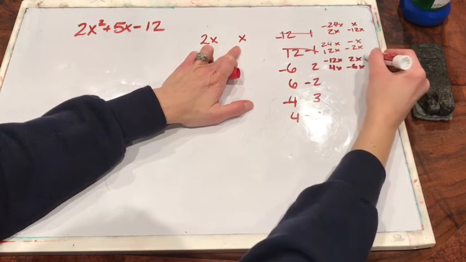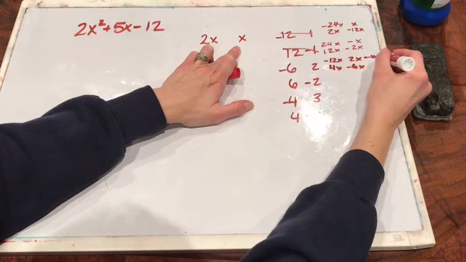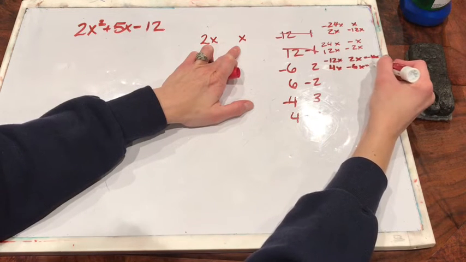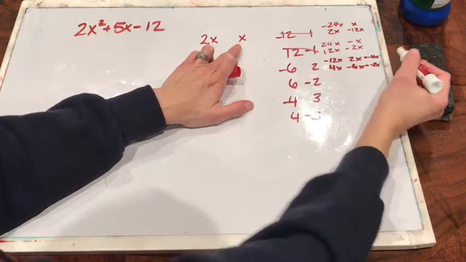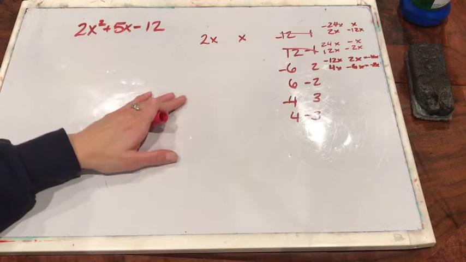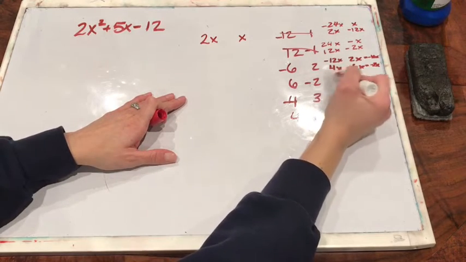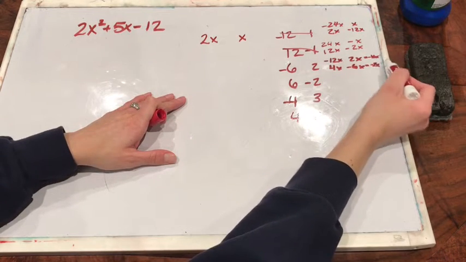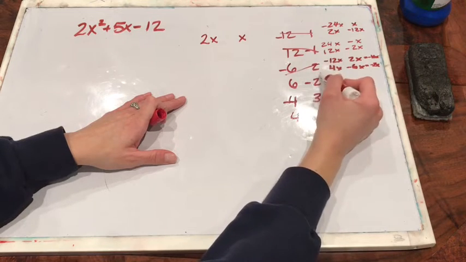Okay, so my difference here, I got a negative 10x, and on this one, I got a negative 2x. So again, I have not gotten to my 5x yet. So it doesn't matter if I switch the signs. These would just switch to a positive 10x and a positive 2x. So these are not going to work.